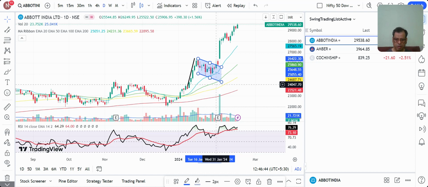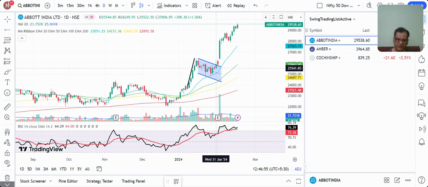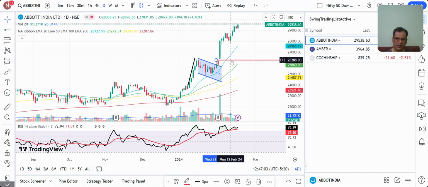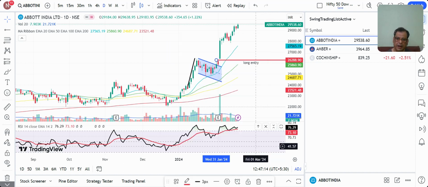So what we can do here is take an entry here on the break of this flag pattern. This is the high. So I'll keep a long entry, and we'll take a long entry here. 26332.35 is the high.